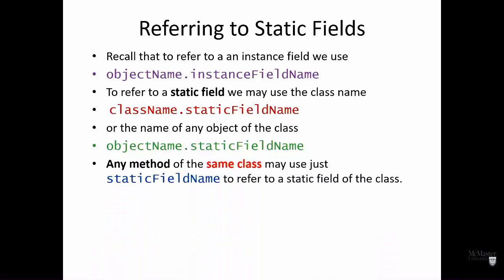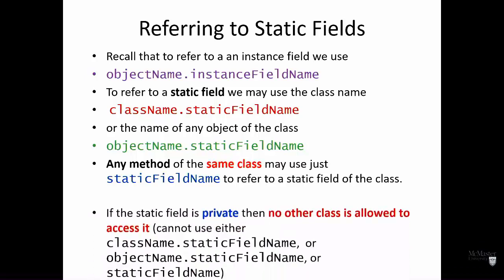You can say class name dot static field name or object name dot static field name. Any method of the same class may just use the static field name. So you don't need to use this for the static thing, again because there is one storage, one variable of this type, static, and everyone has access to it. So you can just use its name without this dot something.